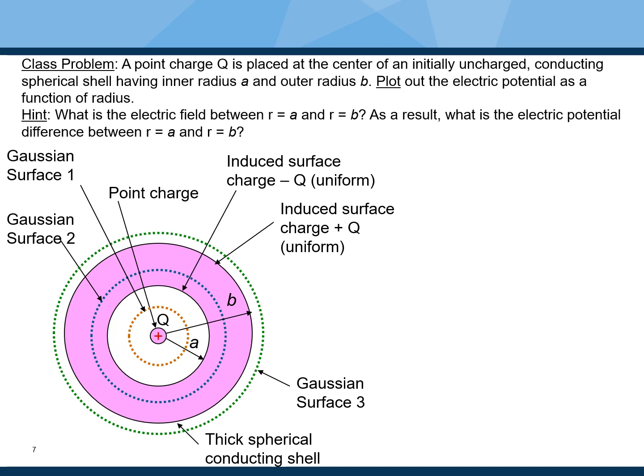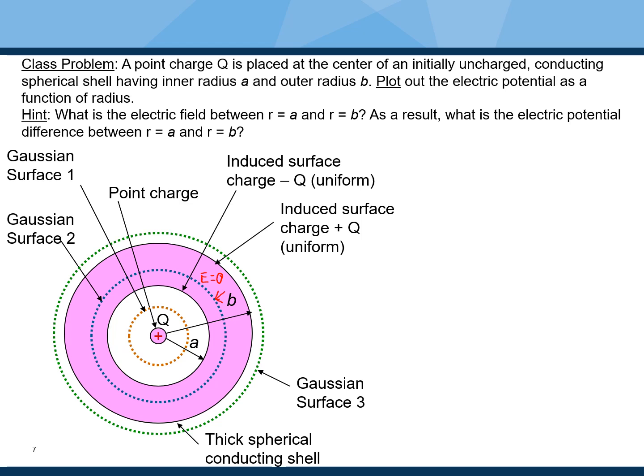How can we say that? We can say that because we know that the electric field inside the conducting shell is exactly equal to 0. If the electric field inside the conducting shell is exactly equal to 0, then over this blue closed Gaussian surface that I've drawn, I must have 0 flux.